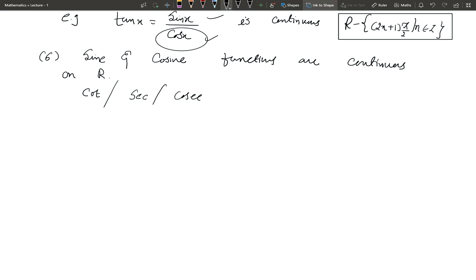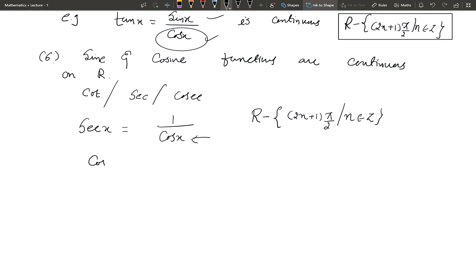Important thing is its domain. For example, if we take sec x, then we know sec x means 1 upon cos x. So this is continuous where? Continuous on R minus, as usual we have to remove zeros of the cos function. So R minus (2n plus 1) into pi by 2, where n belongs to Z. For example, you take cosec x.